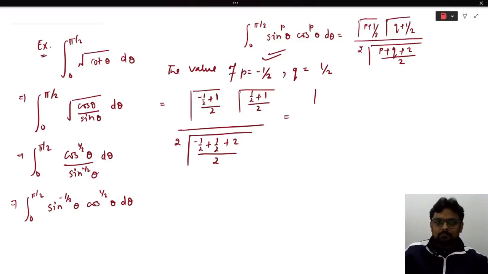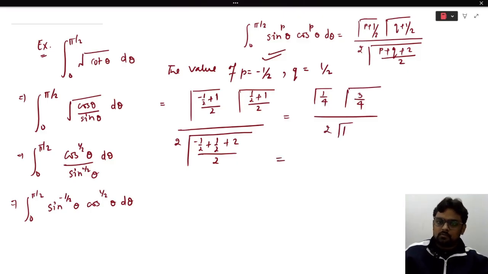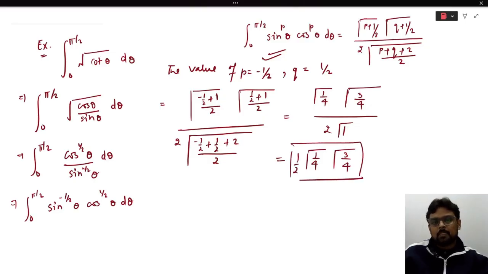This is gamma 1/4 and gamma 3/4, over 2 gamma 1. The value of gamma 1 is 1, so this will become gamma(1/4) gamma(3/4) times 1/2. So this is the answer. Very simple. So the integral from 0 to π/2 of root cot θ dθ is this.